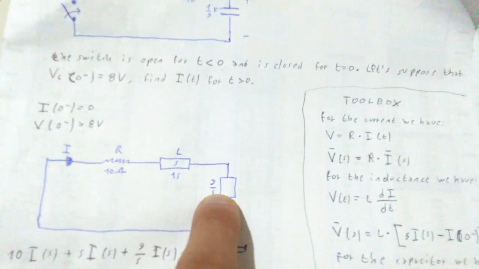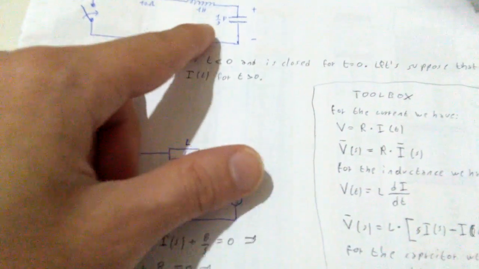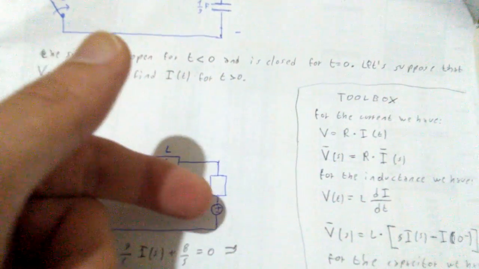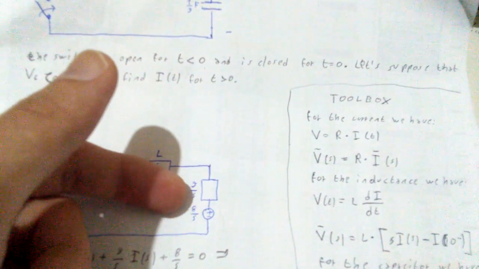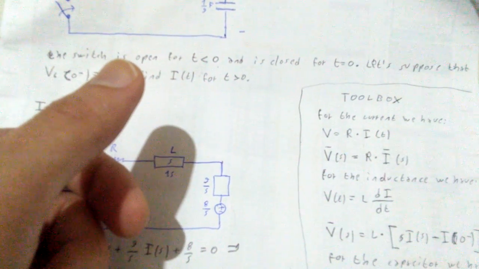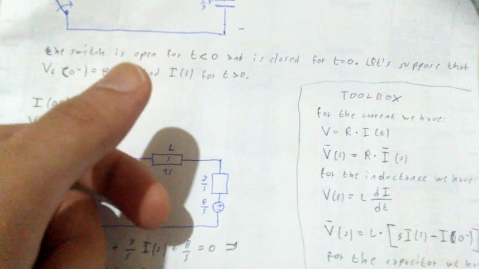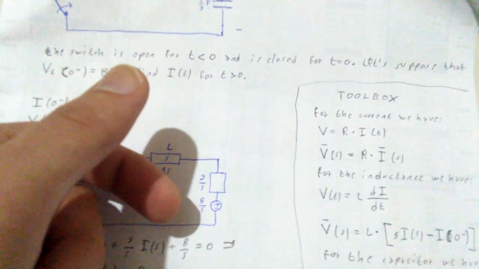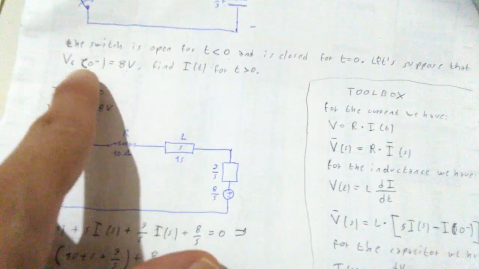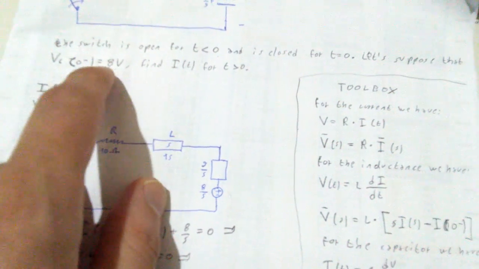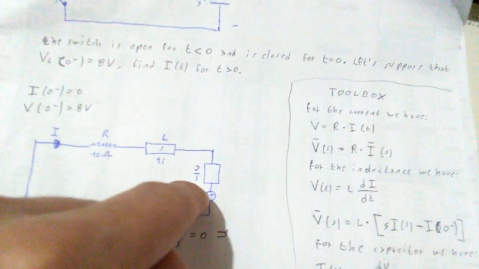For the capacitor, if you have a fraction like we have here, you have to flip it and then put S at the denominator. Like if you have 1 over 8, it will become 8 over S. If you have 1 over 2, it will become 2 over S, and so on. And you do the same for the power supply: it is going to be over S.